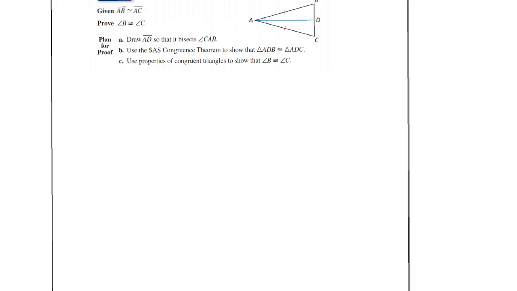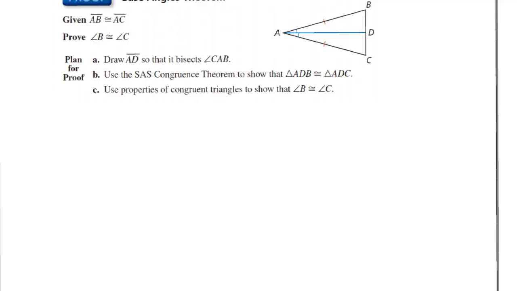Here is a little proof of the theorem to show you why it works. So this blue line is called an auxiliary line, and auxiliary means helping. So we're going to add that line.